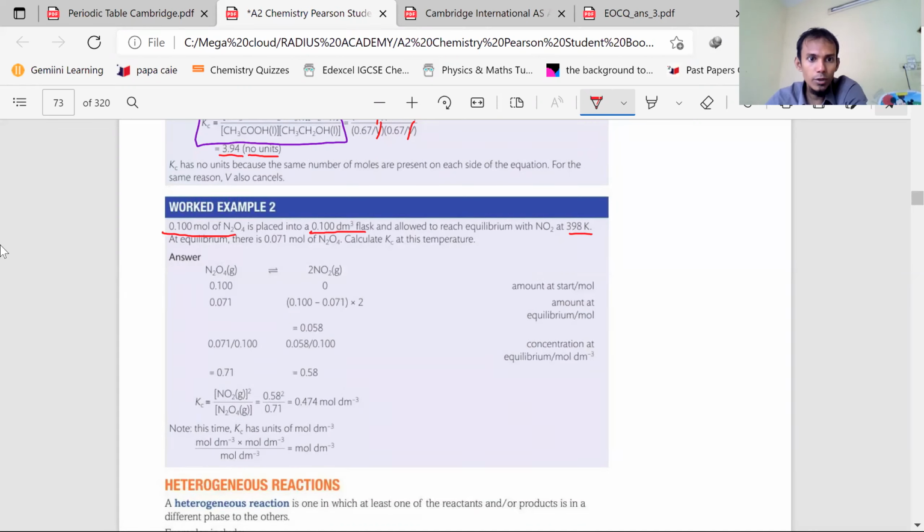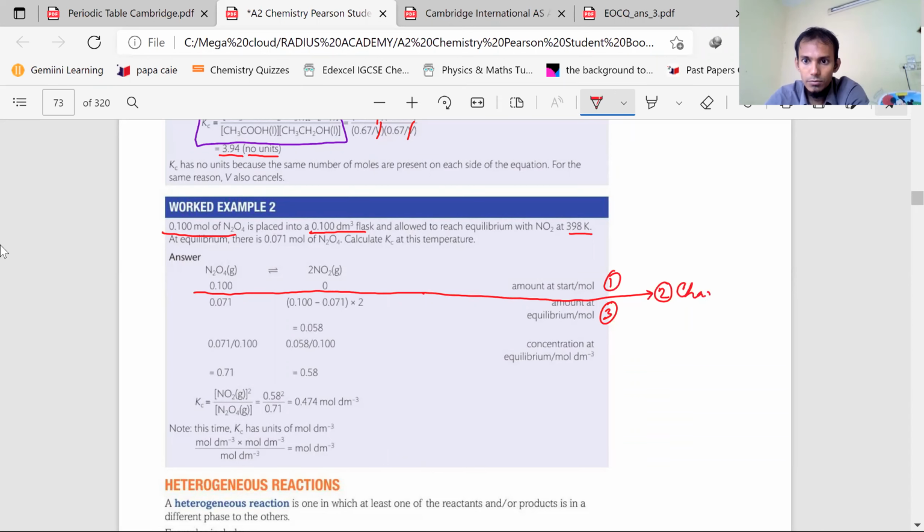0.1 mole N2O4 is placed in a 0.1 dm cube flask and allowed to reach equilibria with NO2. At equilibria, there is 0.071 mole of N2O4 left over. Calculate Kc. So amount at start is 0.1 and 0, and amount at equilibria is number 3. They didn't write change, but I want you to write the change. If you write change, you will not make any mistake.